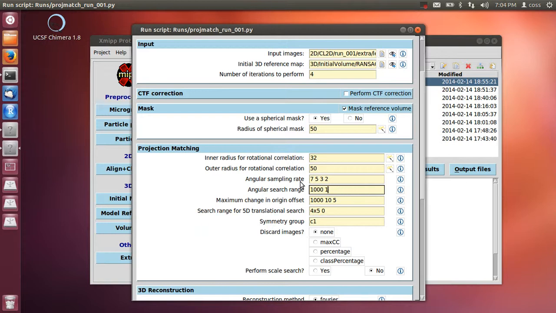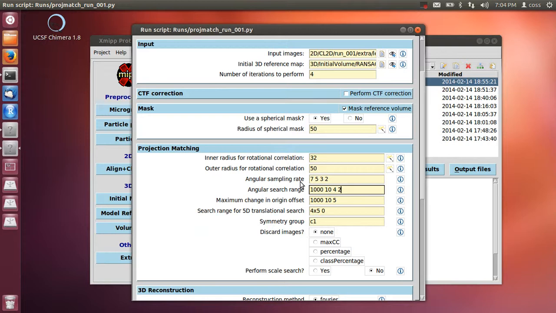But they are also used because they help to speed up the calculations. So if you know that you are very close to a local minimum, so your structure is good from the beginning, you may leave these parameters as they are, so that you go quicker to the local minimum.